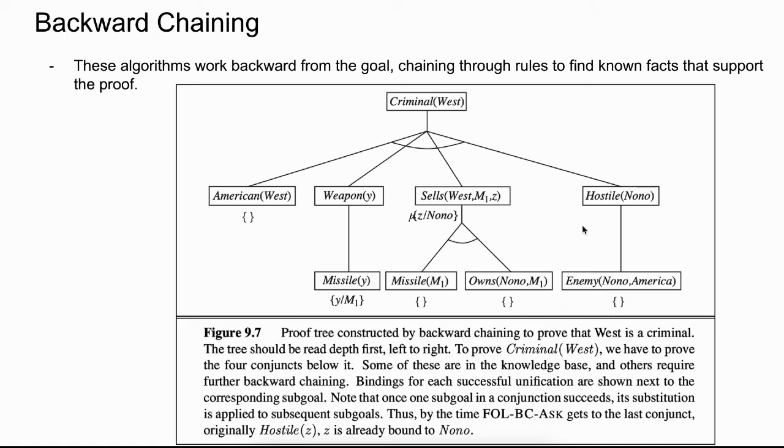So this is also satisfied, and we know that Nono is hostile because it is an enemy of America. So this is the backward chaining process, where you keep going backwards and see whether all the ingredients required to prove that statement are true or not. In this case, they have turned out to be true, and that is the process of backward chaining.